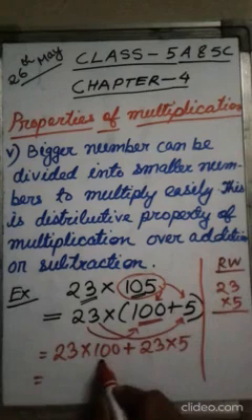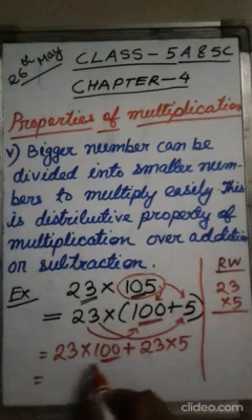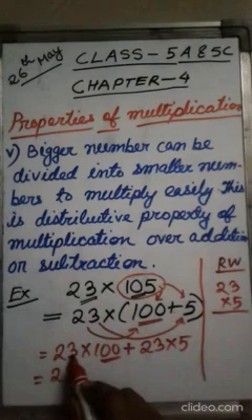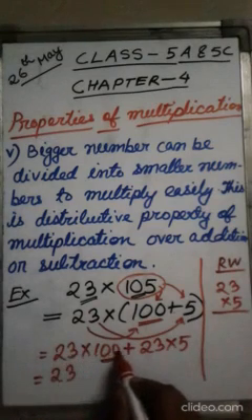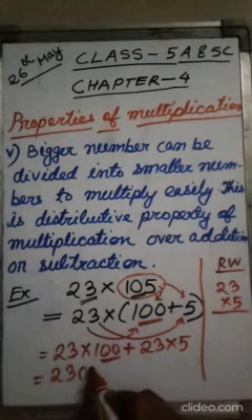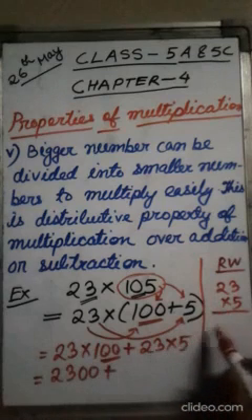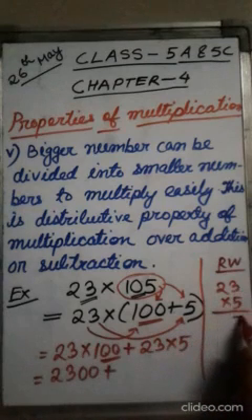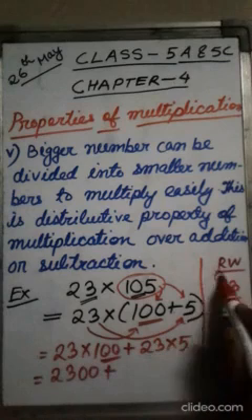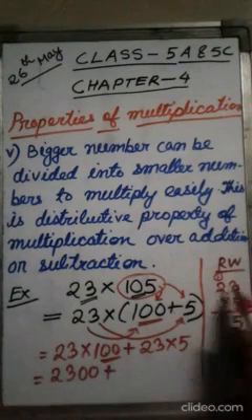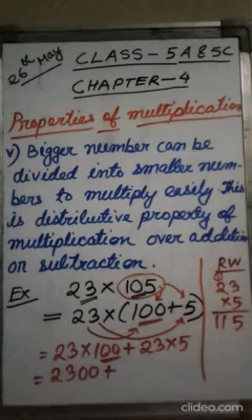Because here it is multiplication by 100, you write 23 and these two zeros you just add here. 23 into 5: 5 into 3 is 15, carry 1. 5 into 2 is 10 plus 1 is 11.